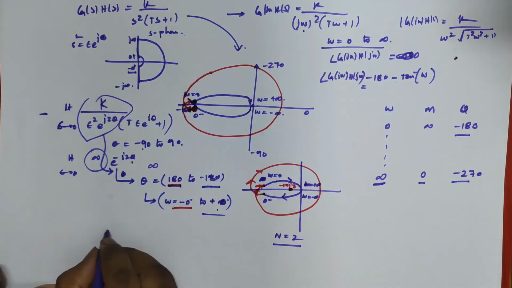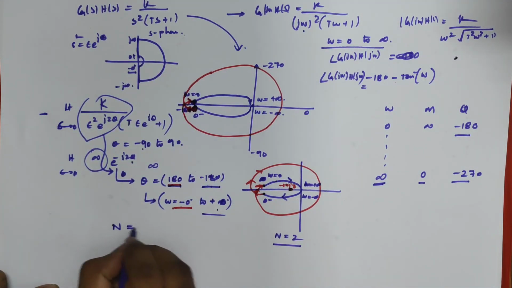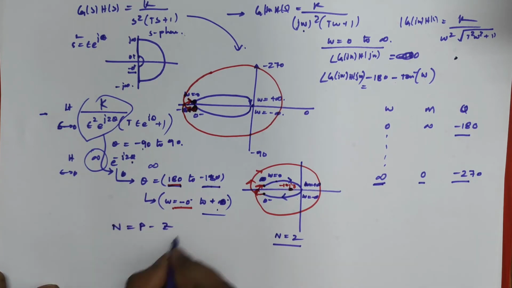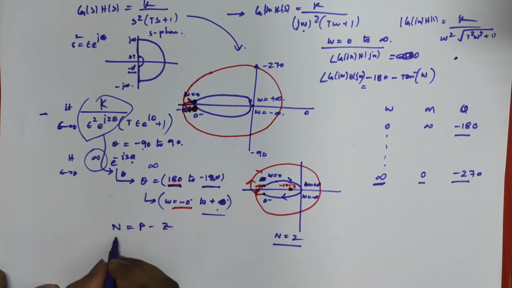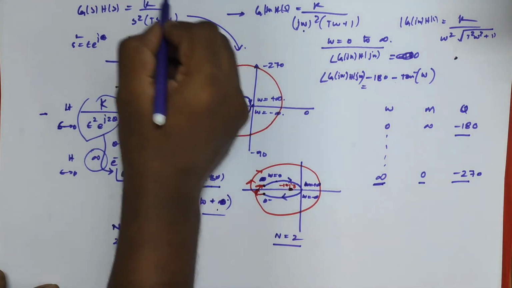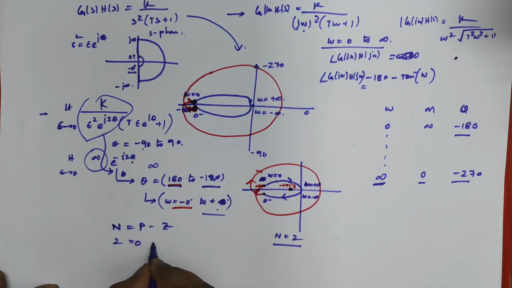Now according to the Nyquist criterion, N equals P minus Z, this is the ultimate thing we have to know. The number of encirclements of the Nyquist plot is 2, the number of right-side poles is 0, so the number of zeros will be 2.